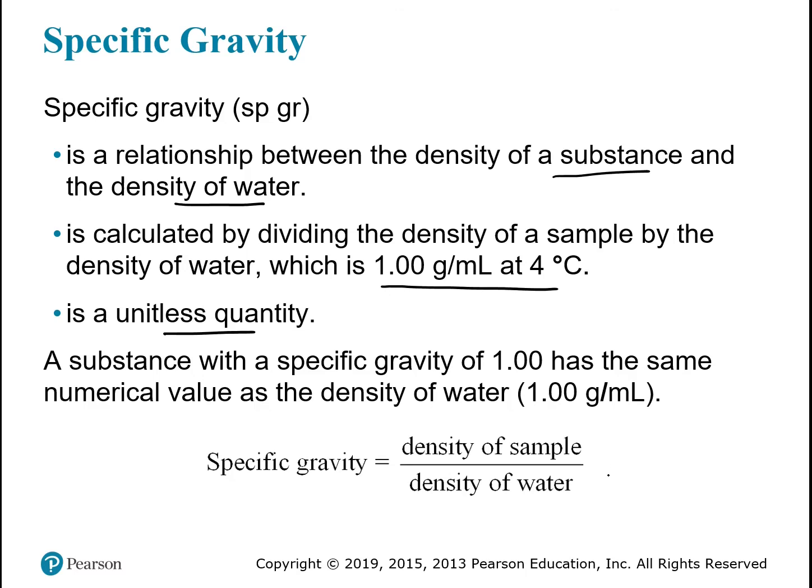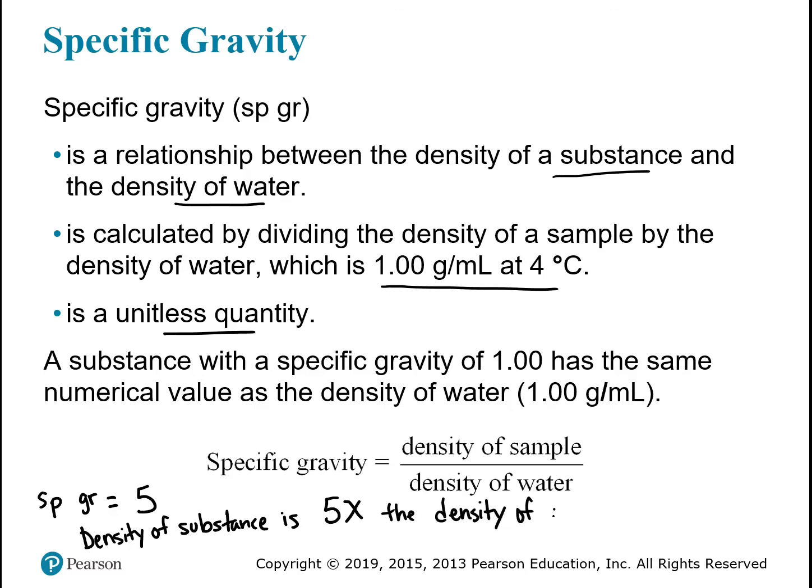Now let's say that you have a specific gravity equal to 5. Then that means that the density of your substance is 5 times the density of water.